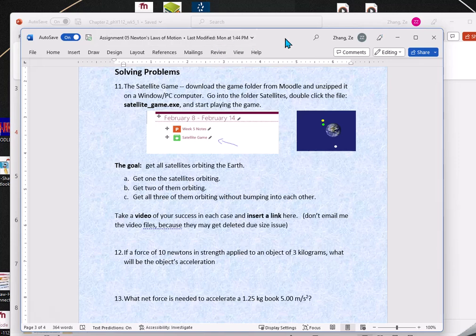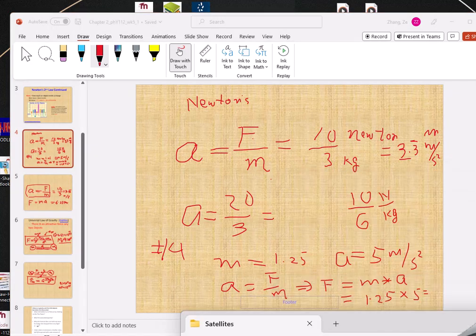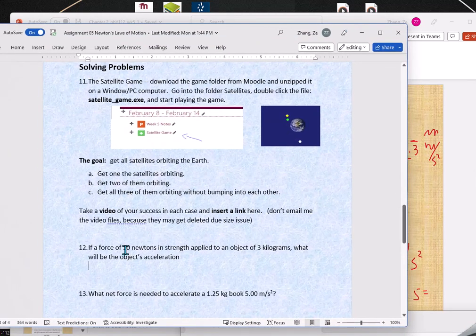We worked this out in class. For those of you who are online, pay attention to this question. Acceleration is 10 newtons divided by mass 3 kilograms, and you get the acceleration. Very straightforward.